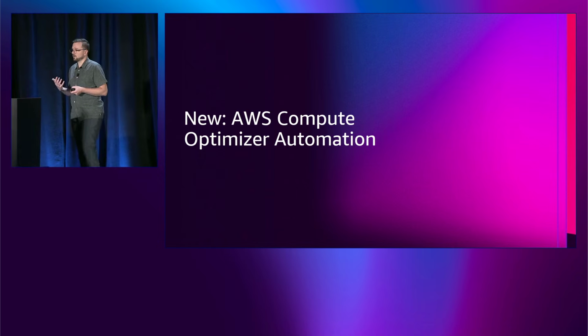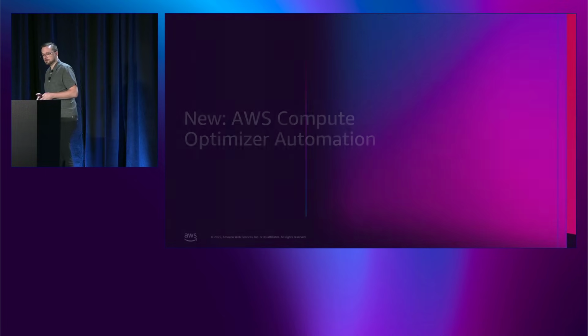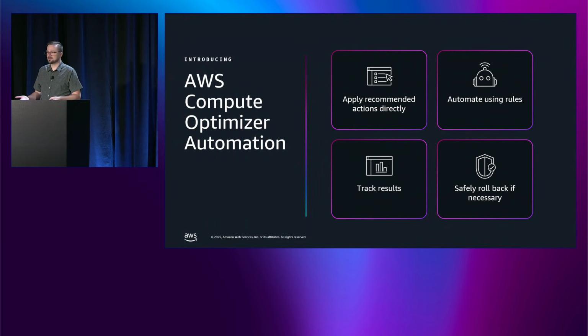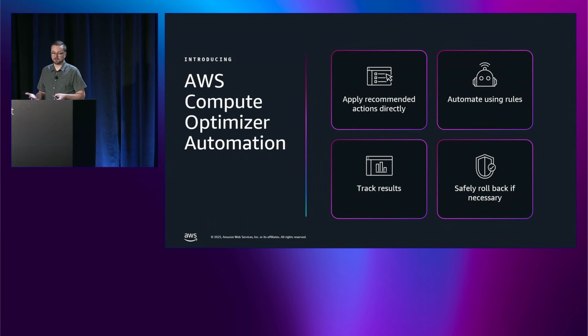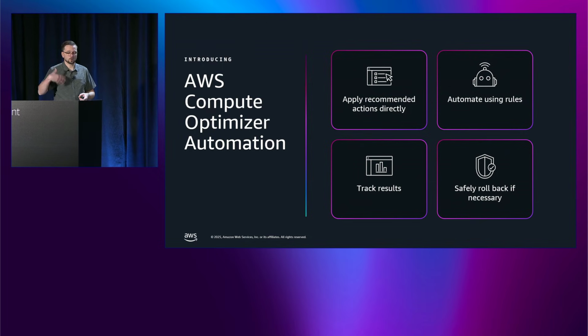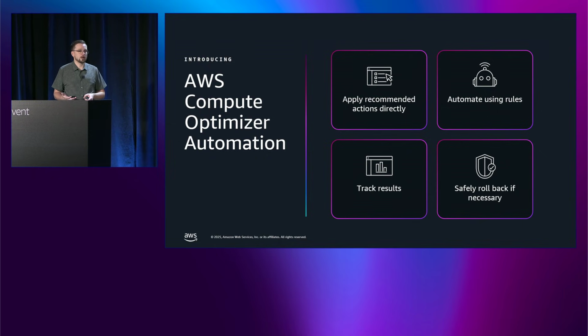We also will automate the upgrade of volumes, and that means moving from GP2 to GP3 for a 20% cost improvement, or moving from IO1 to IO2 for resiliency improvements. And so this optimization capability allows you to apply these recommendations in your environment automatically. You can apply them immediately by selecting them and hitting execute or implement, or you can create a policy which will allow you to schedule the cleanups and do it repeatedly over time to keep your environment clean.